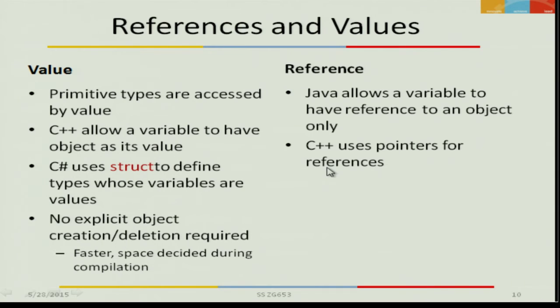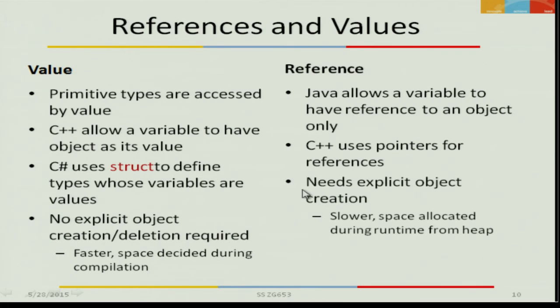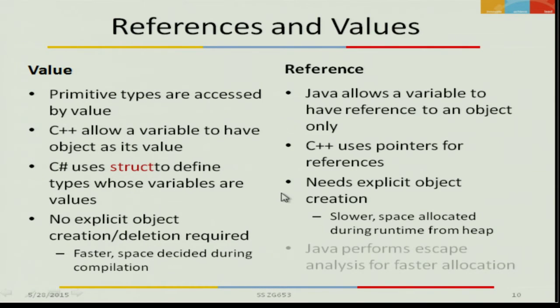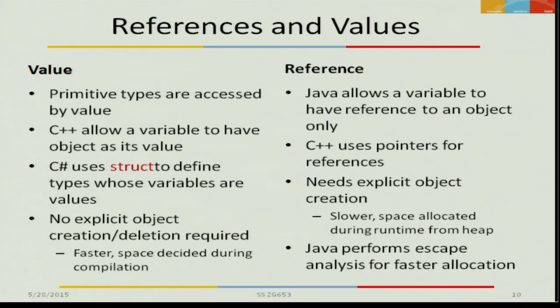C++ uses pointers for references, which were taken from its mother language, C. In the case of references, you need explicit object creation. It is slower because the space is allocated during runtime, from the heap. Java sometimes performs escape analysis for faster allocation.